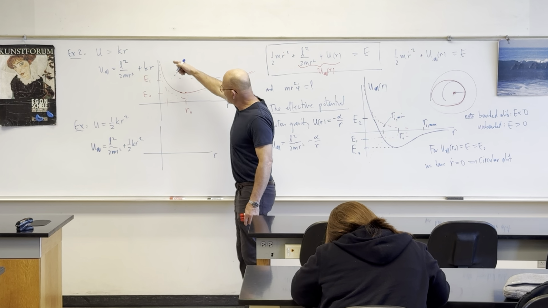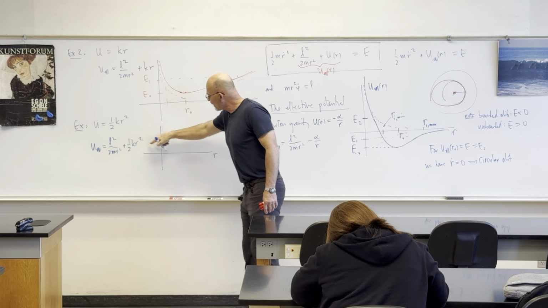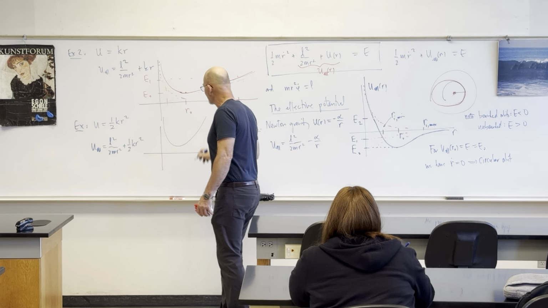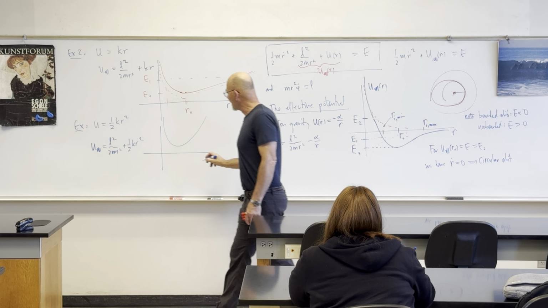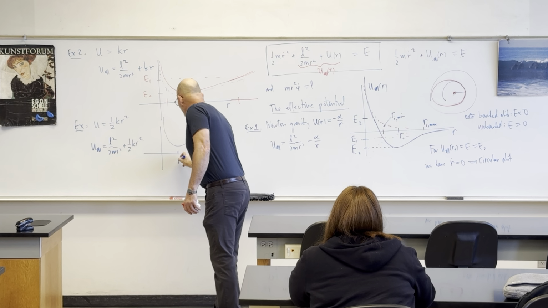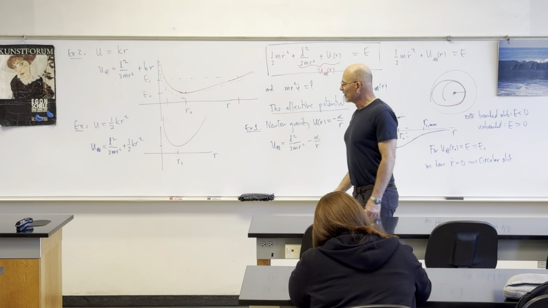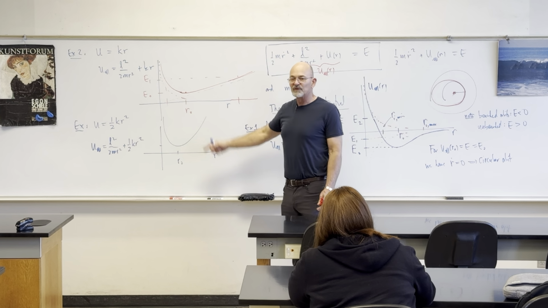But yeah, we're going to have this branch here on the left, and this one's going to go up like a parabola. So we're going to have something that goes like that. And again, all bounded orbits, local minimum. And remember, these local minima are always circular orbits.